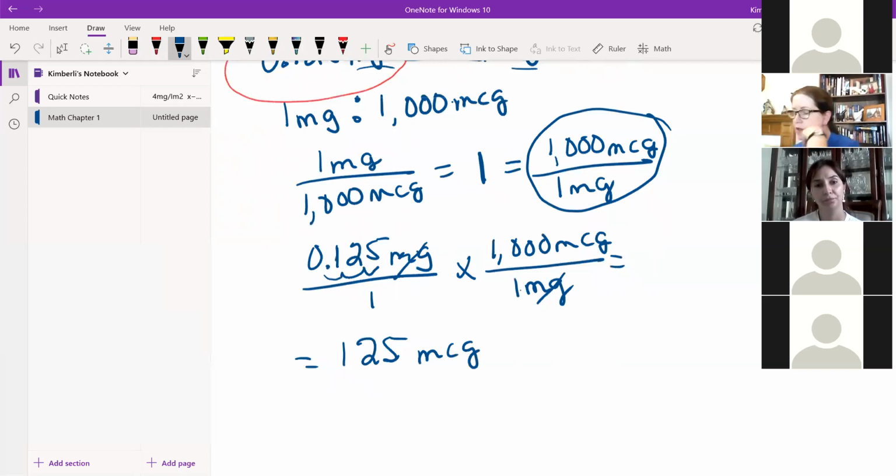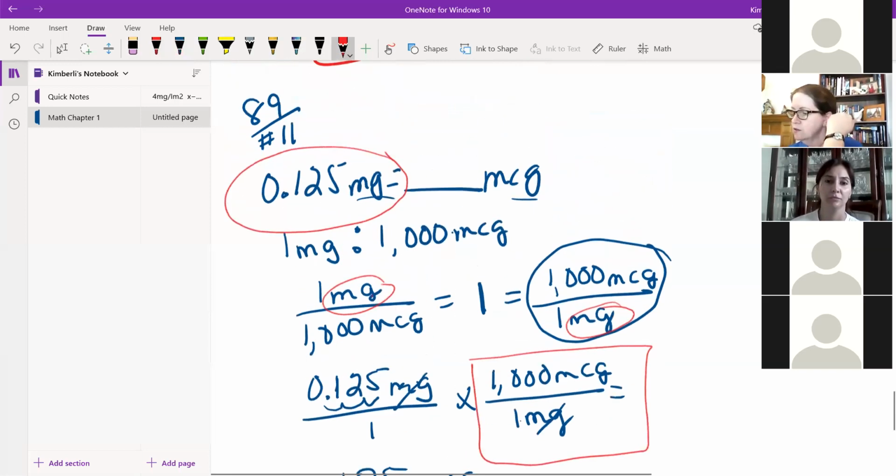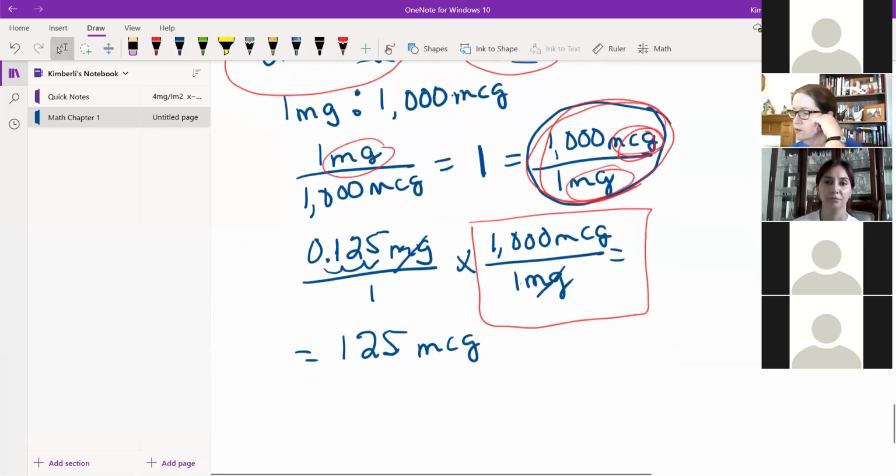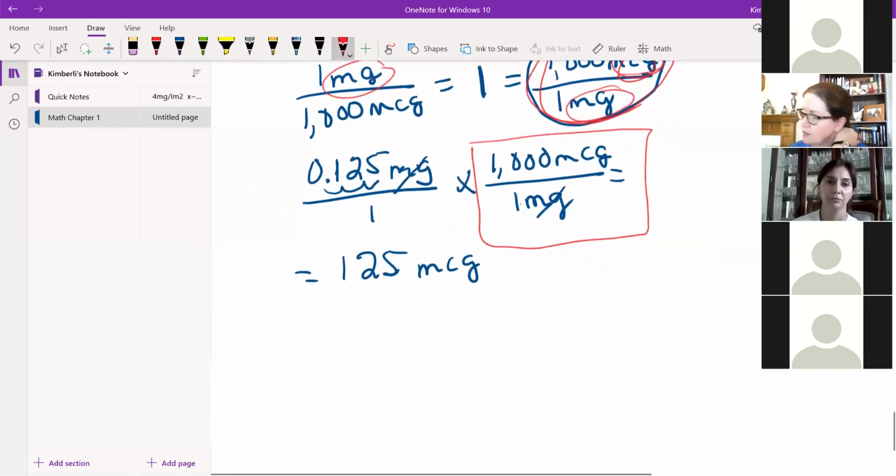Okay, now when I usually set this up, I take the conversion factor here and I put it first. I start with it because a lot of people don't know, do I want this one with the milligrams on top or do I want this one with the milligrams on the bottom? So what are you looking for? You're looking for micrograms. So let's use this one because the micrograms are on top. Okay, so I will set this problem up with the conversion factor first.